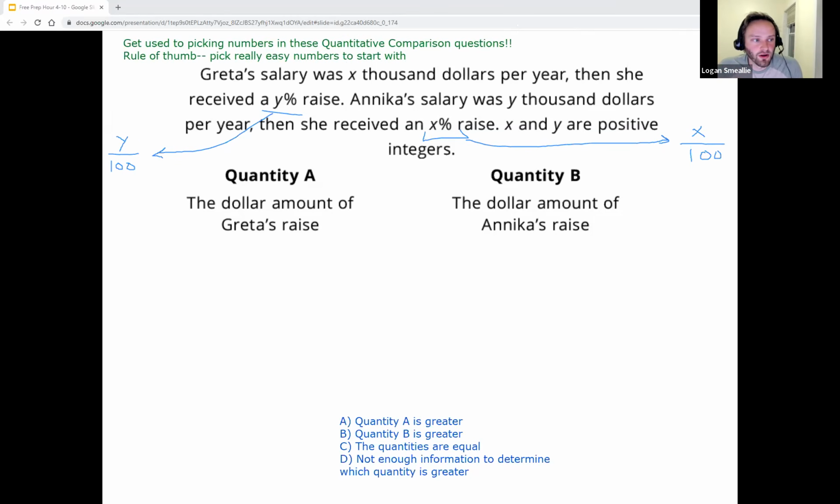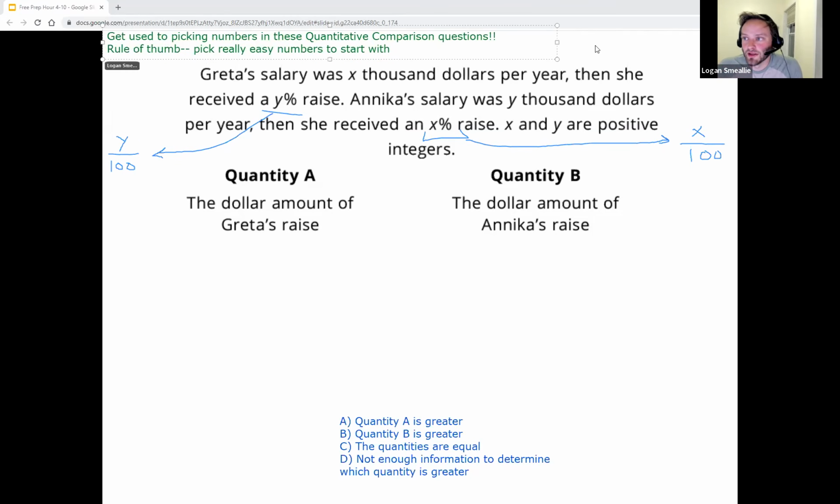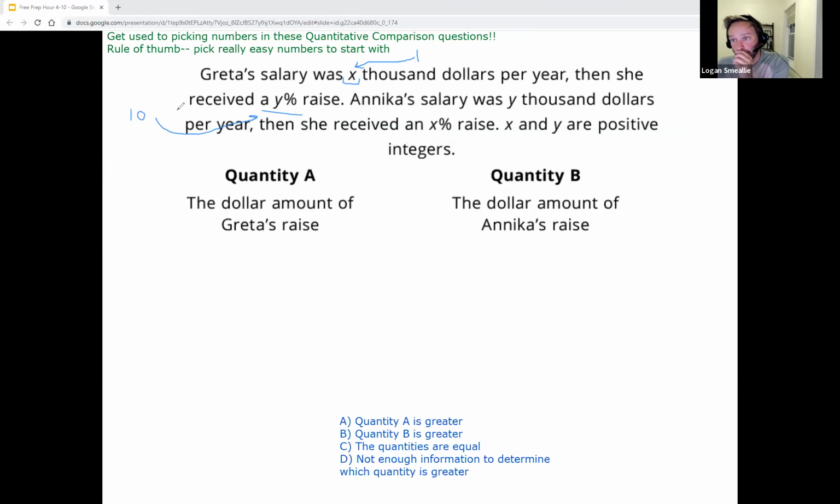So I'm going to pick numbers that are not very friendly to these characters. I'm going to imagine that Greta's salary was $1,000 per year, and that Y was 10, a 10% raise. Now, what that means is Annika's situation is the opposite. Y had a $10,000 salary.